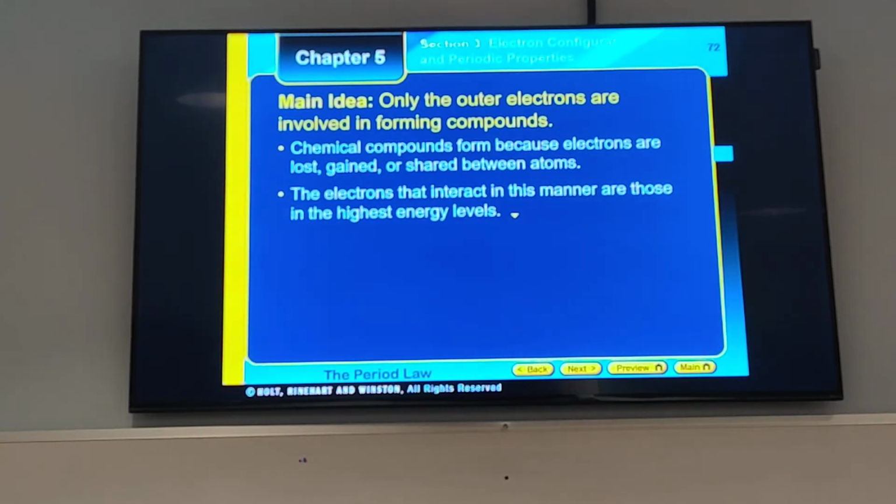So for it to have a noble gas configuration, what would it need to do? If its electron configuration is Ne 3s1, what does it need to do to have a noble gas configuration? Lose that 3s electron. So if it loses a 3s electron, then it has an electron configuration of Ne. Okay? So that's what we're talking about here, and that's probably the most helpful part.